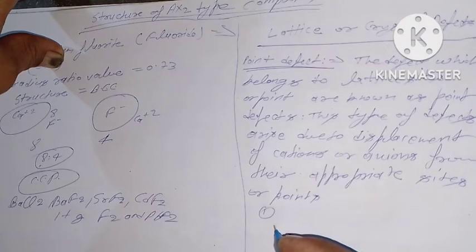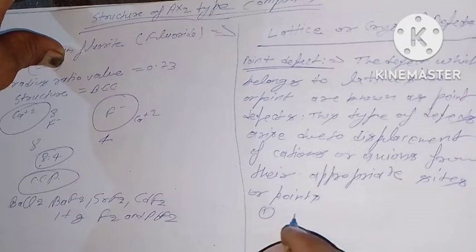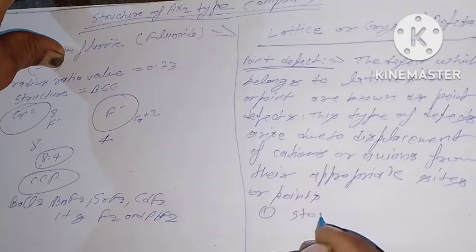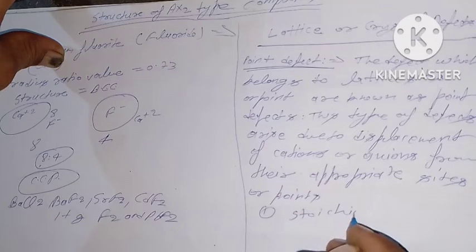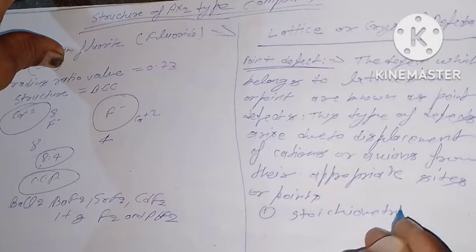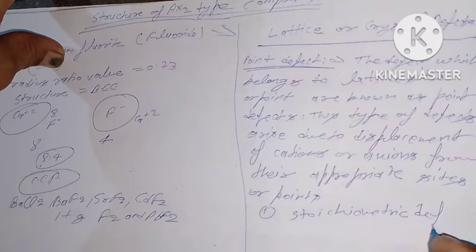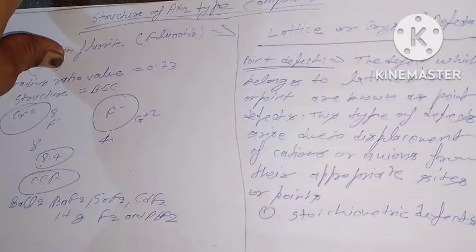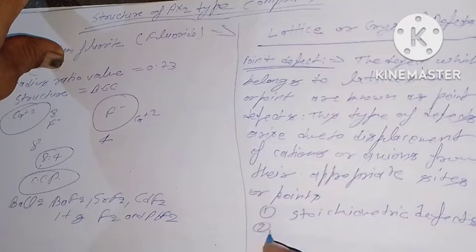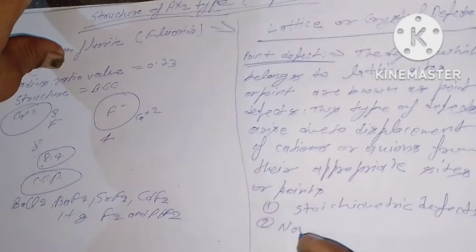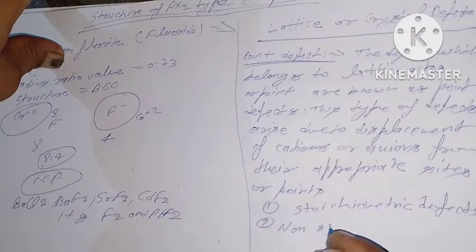First is stoichiometric defects. Second, non-stoichiometric defects.